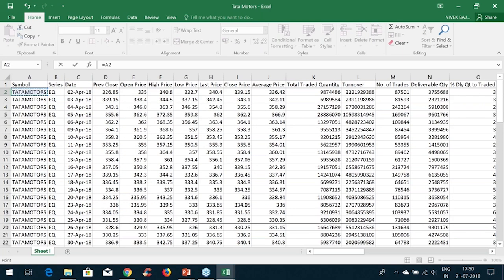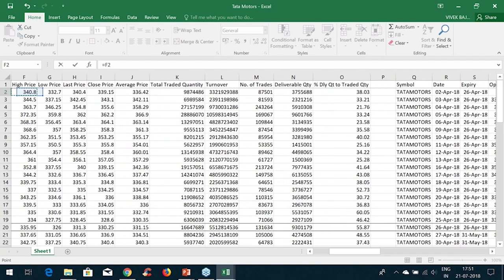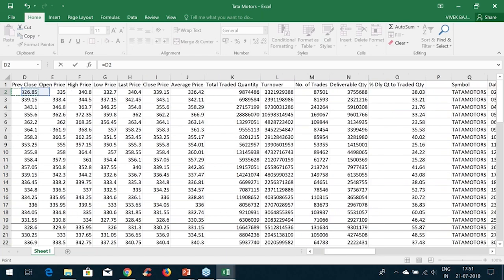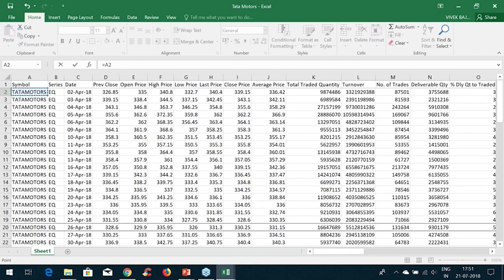So the open in cash segment is this, high in cash segment is this, low is, again I'm giving reference to that cell, this, close is the close price, not the last price. Last price is the last traded price.